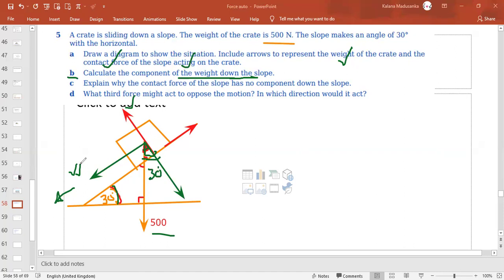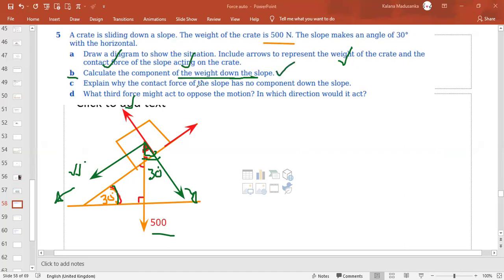You can put the answer in the box. It is sine, of course. And this side is 500 cos 30, right? Then you can just take 500 sine 30 and give the answer in newtons.